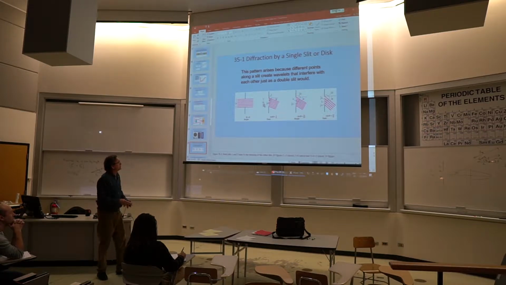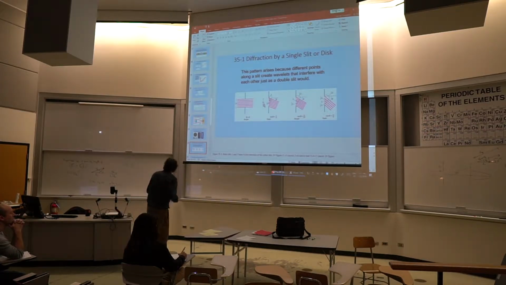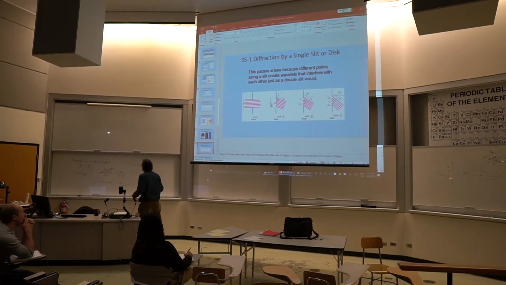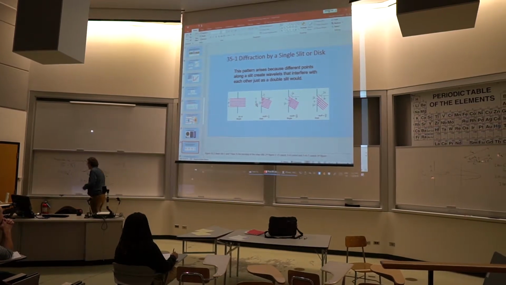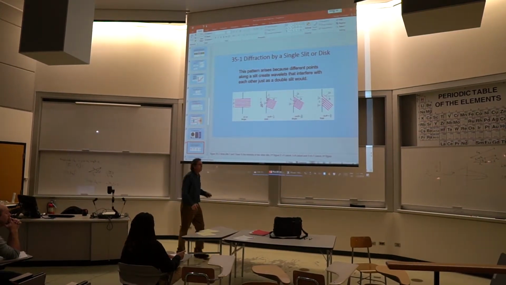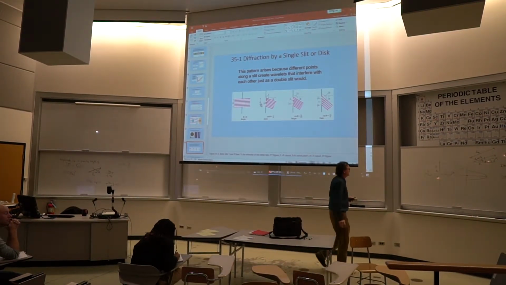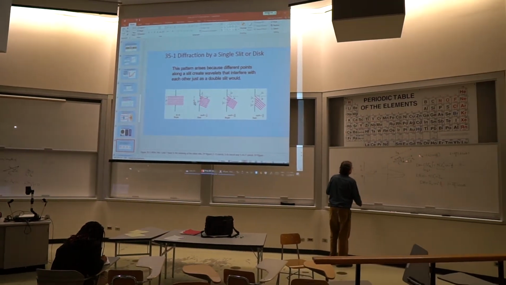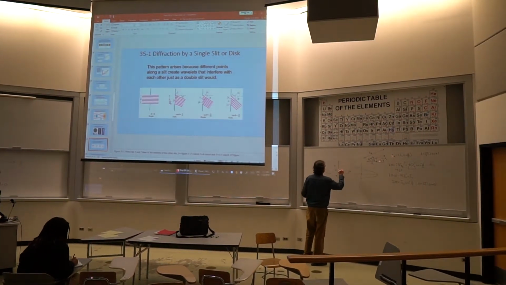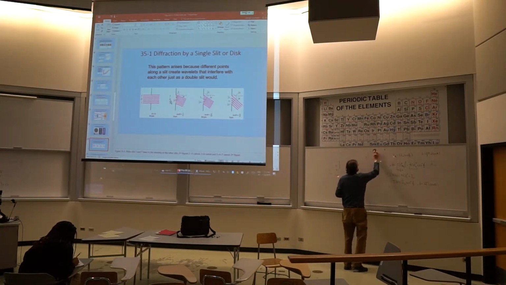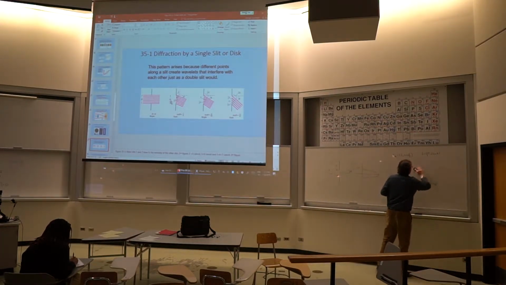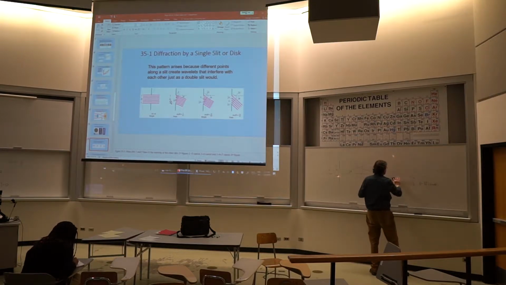So a general condition for intensity minimum for the single slit, so now we're talking about single slit. I can erase this now because these are all equations for double slit, and we're moving on to what we call single slit.